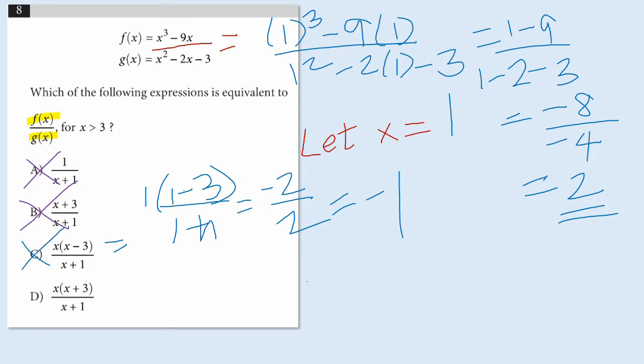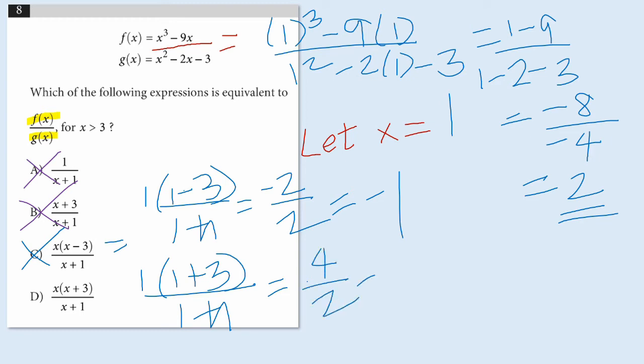Then I have 1 times 1 plus 3 over 1 plus 1, which is 4 over 2, which is 2, and that matches the value of the expression in the question. So at this point, we've confirmed that D is the correct answer.